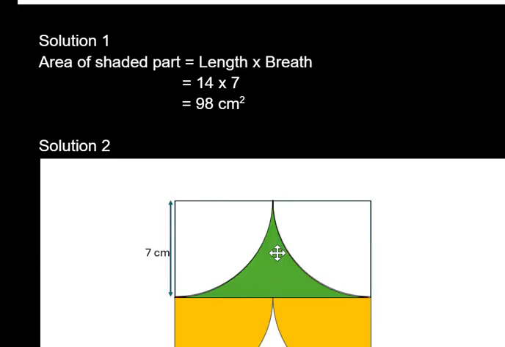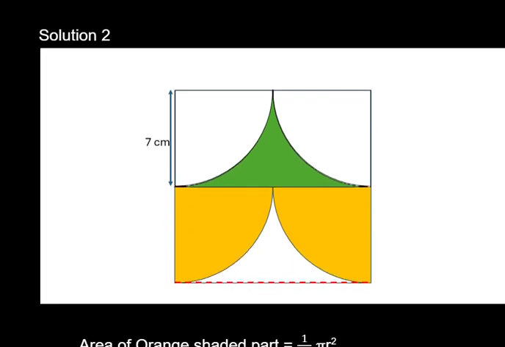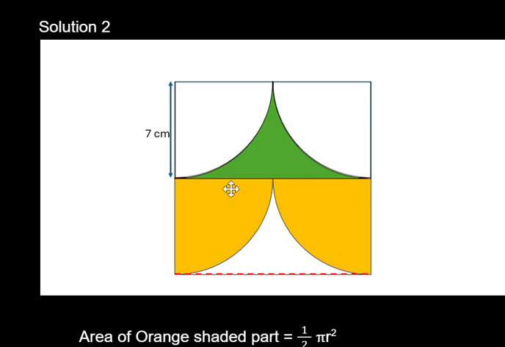Now assuming that your child is not able to visualize that, then what can he or she do? I provide another solution which I call solution 2. First thing, your child should be able to identify that these are two quarter circles. This is quite straightforward.